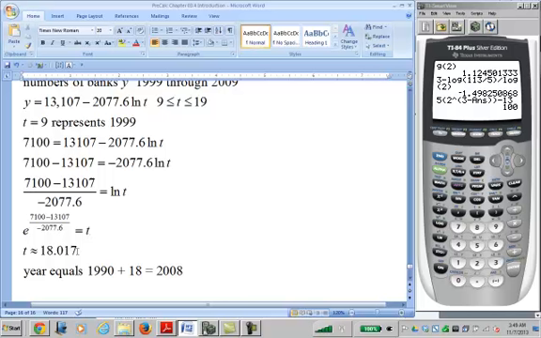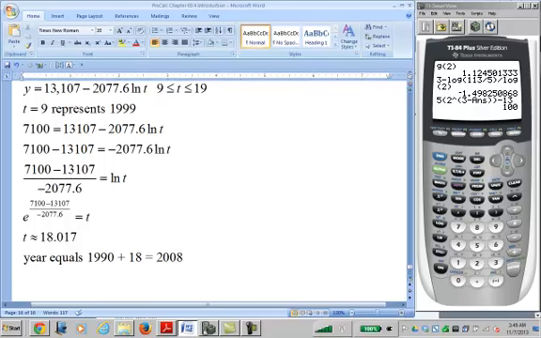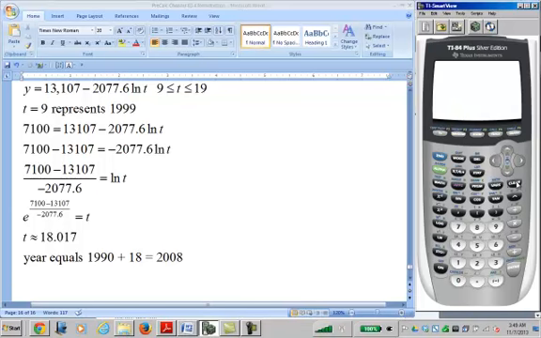t equals. Now let's just go over how you do this in the calculator, since I did not show. I don't know why I didn't show that. So let me clear this out here. It would be simply second ln.